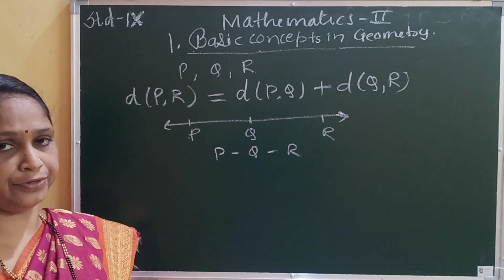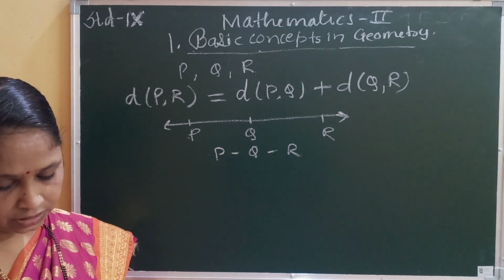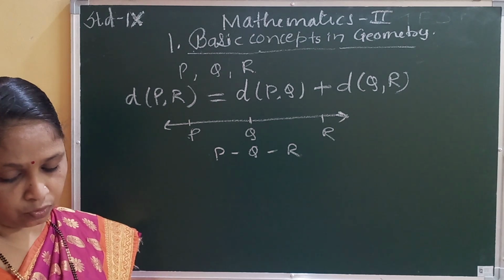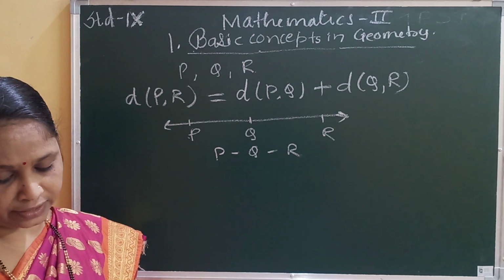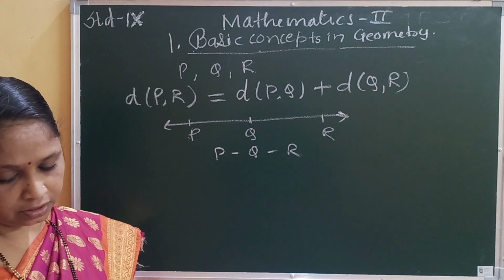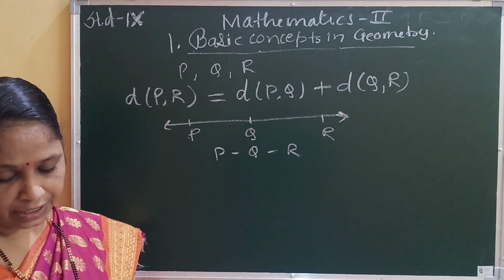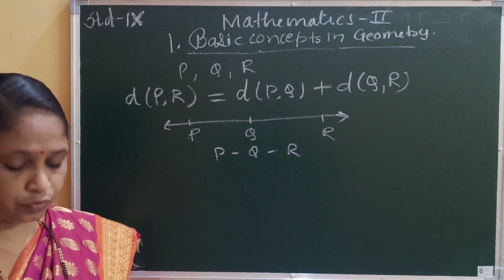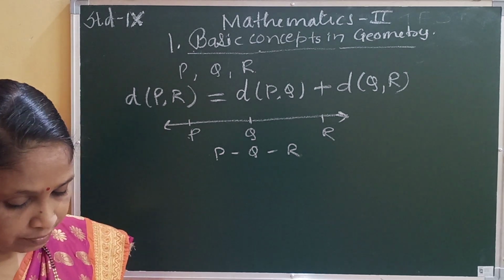Question number 3: from the information given below, find which of the points is between the other two. If the points are not collinear, state so.